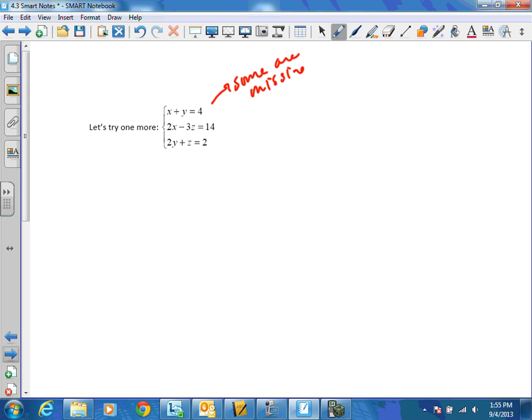When some of them are missing, instead of elimination, you want to think substitution. But before we substitute, can we go find out what the right answer is? Yes, you can do that. So let's do that.